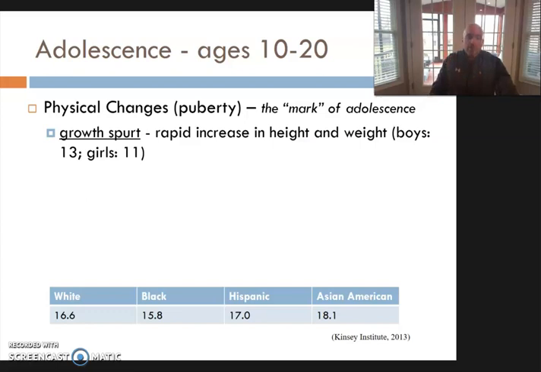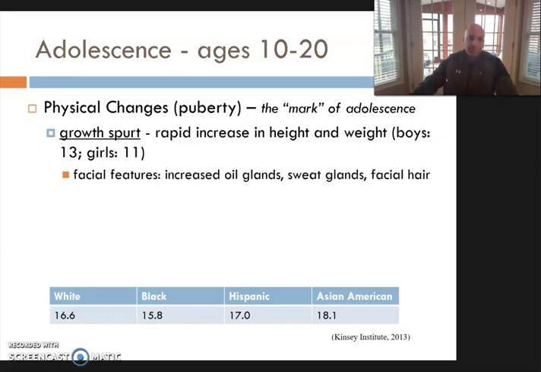And then there might be someone in the senior class now that's still waiting on that growth spurt to happen. That's possible. Growth spurts can happen at any time during this period. Typically, however, it's the age of 13 for boys, and the age of 11 for girls.